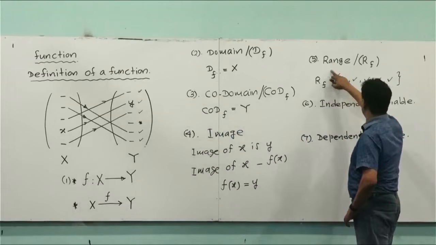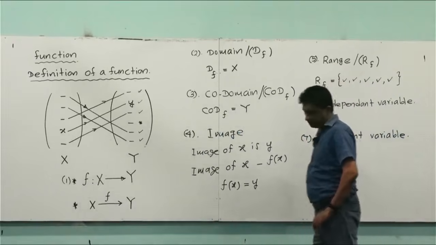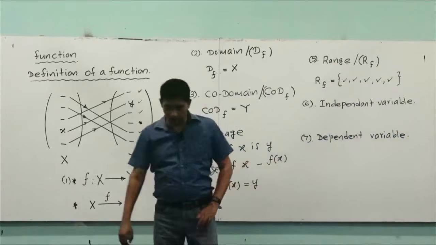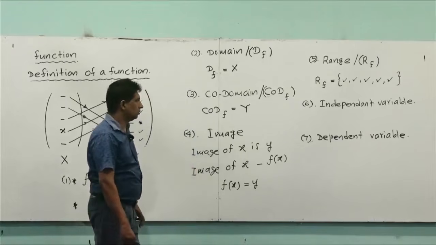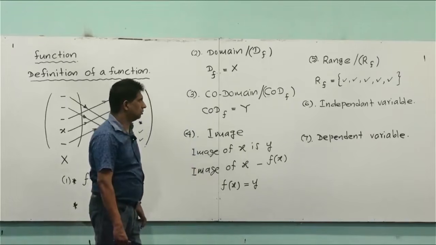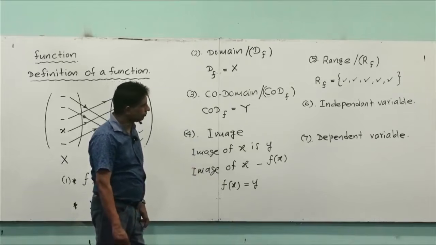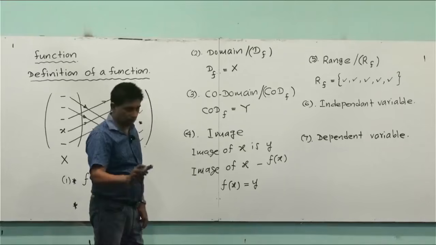Then fifth one, range. RF. Then write down this way.